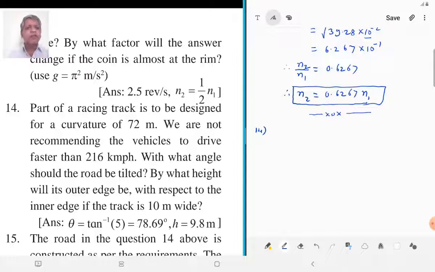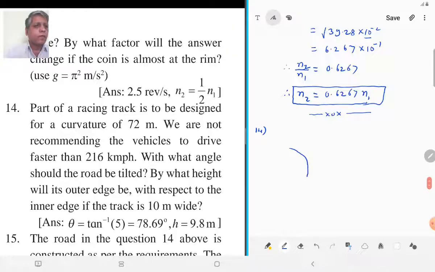Now, to construct the racing track, if this is the racing track having a certain radius r, in such a way that the racing car cannot slip, with what angle should the road be tilted?